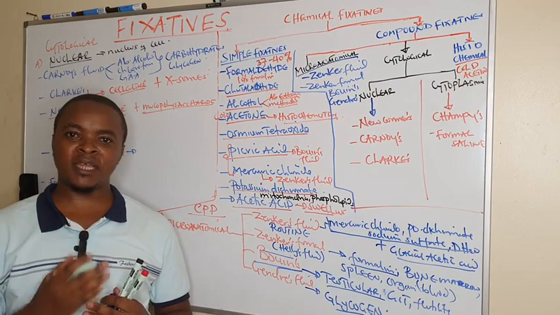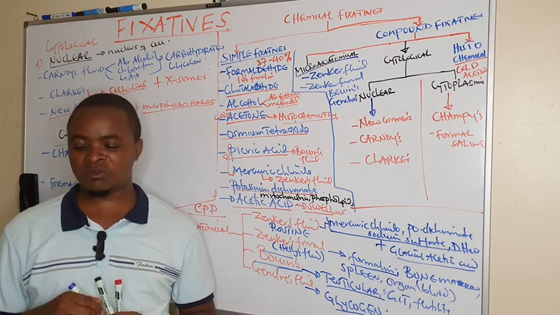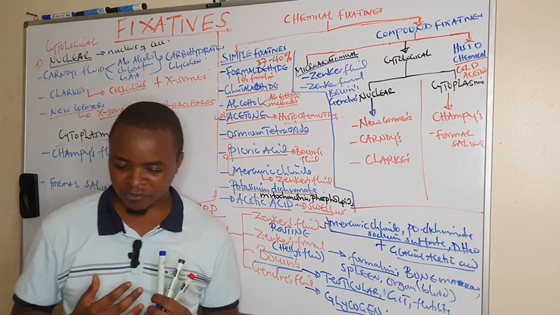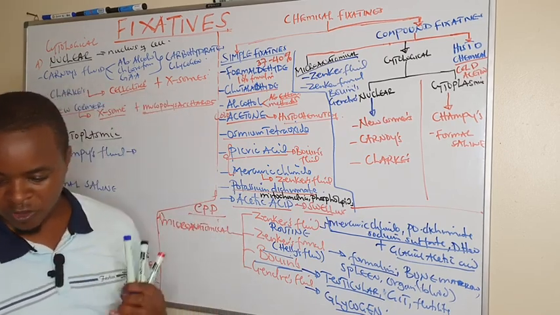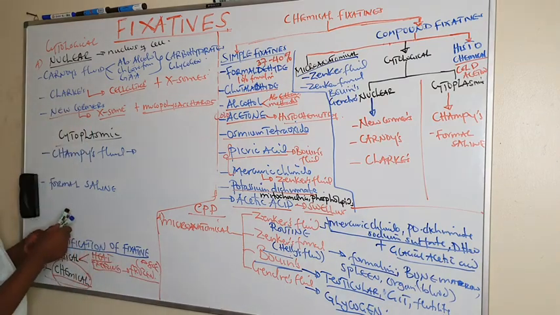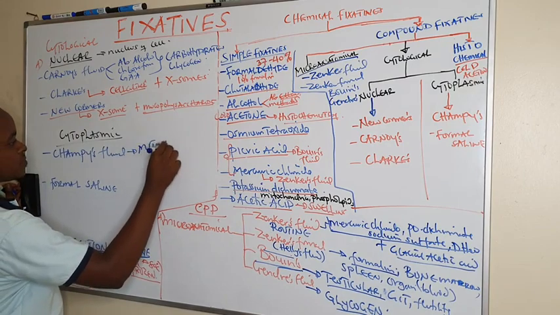So when you prepare cytological specimens to preserve their cytoplasm, it is better using this Champy's fluid. And this Champy's fluid is good for preserving what we call mitochondrial fats. This one is good for mitochondrial fats.